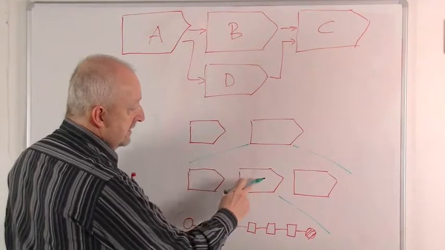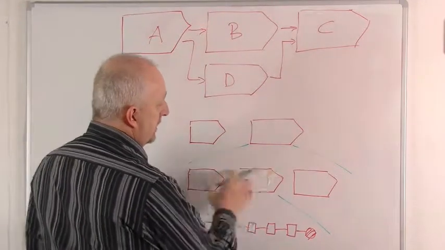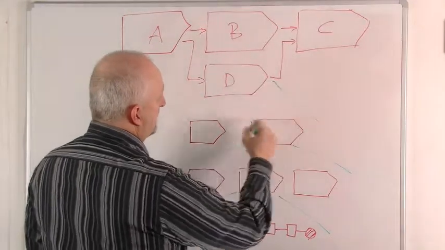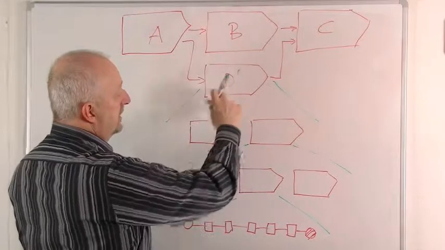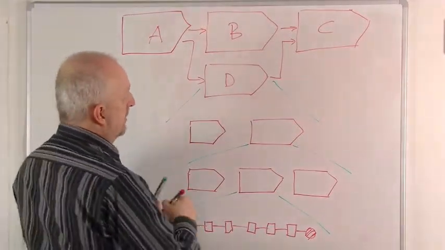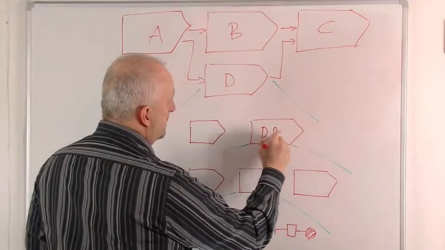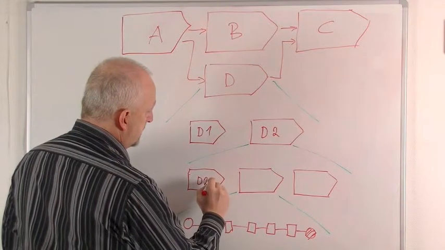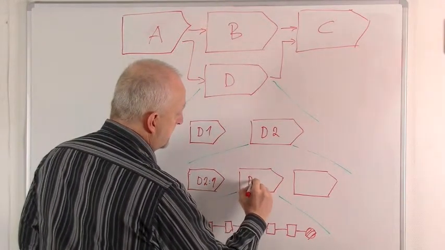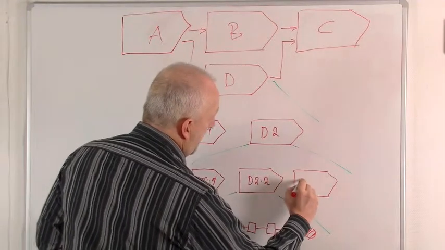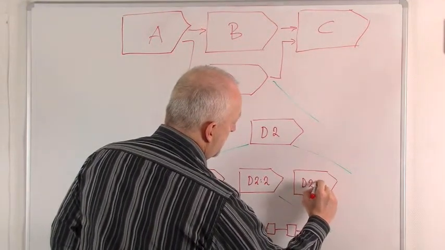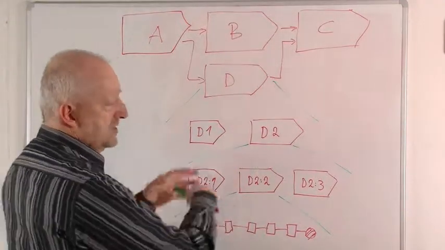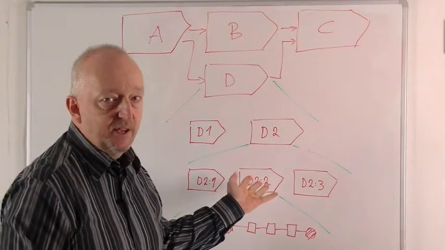So these activities are within that one, these sub-processes within that sub-process, and this sub-process, just to make it easy, is within the sub-process D. So this is then D2, as this is D1, this is D2 1, D2 2, and D2 3, showing how they actually relate to each other. Of course, these are just names that I came up with now.